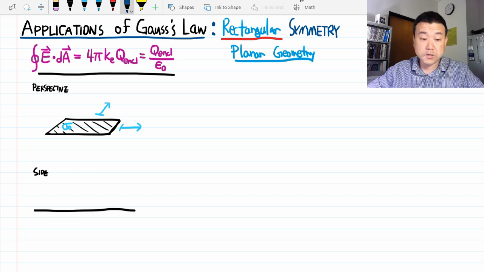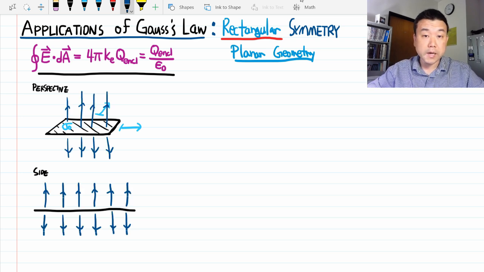As before, it's useful to draw electric field lines to see what kind of symmetry exists that we can exploit. And as before, we can use a symmetry argument to prove important features of these field lines. For example, we can prove that there's no concentration of field lines in one area, because if there were, it would violate the translational symmetry.